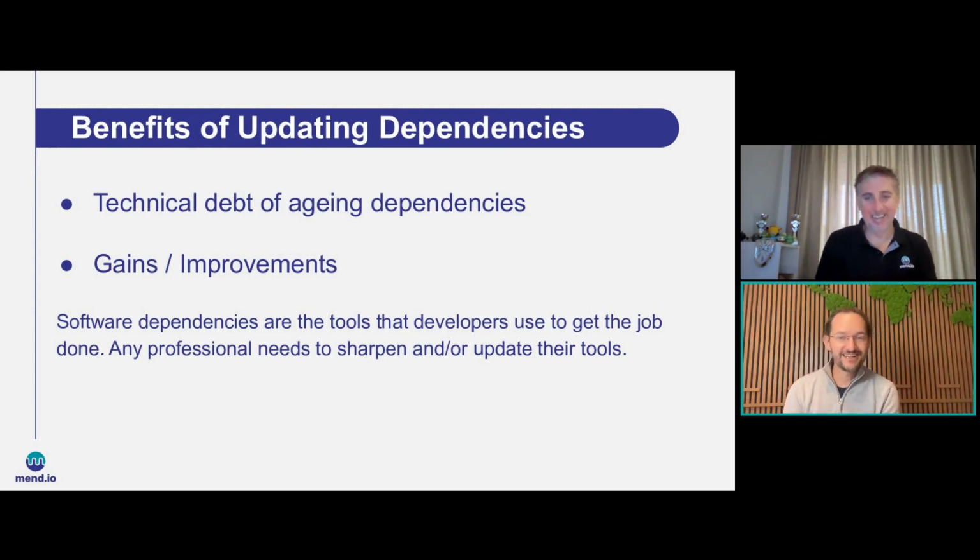I wanted to say that something that is a little bit new, let's say in the last 5 years, if you're really leading edge, but less so for many, is this concept of dependencies really expanding beyond just pure software. So software dependencies, we're talking NPM modules, Maven dependencies, things you download from Ruby gems and so on.